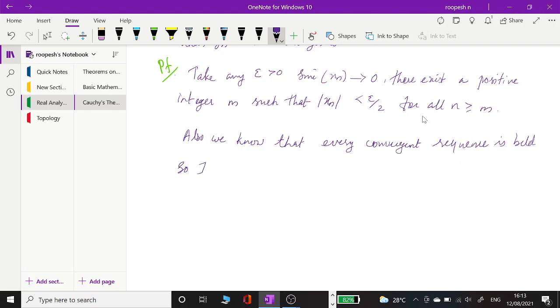So there exists a real number r greater than 0 such that modulus of xn is less than or equal to r for all n.